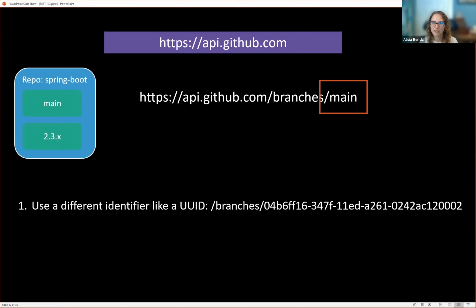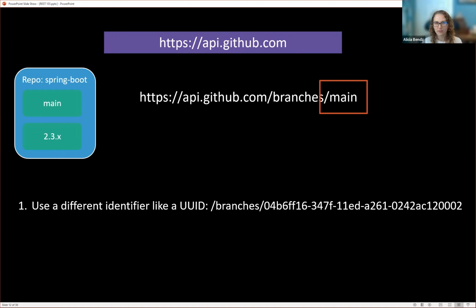This can be a UUID, GUID, a globally unique identifier. And I see this pattern a lot. And so that's fine, but it's kind of unnatural for me to say, I'd like to get branch 04B6FF16 when the branch already has a name, main. The other option is to build your API around the domain and use the domain structure to build that uniqueness in.